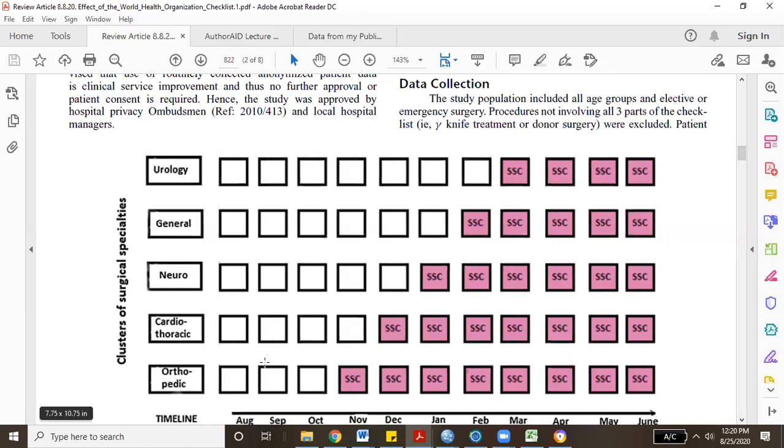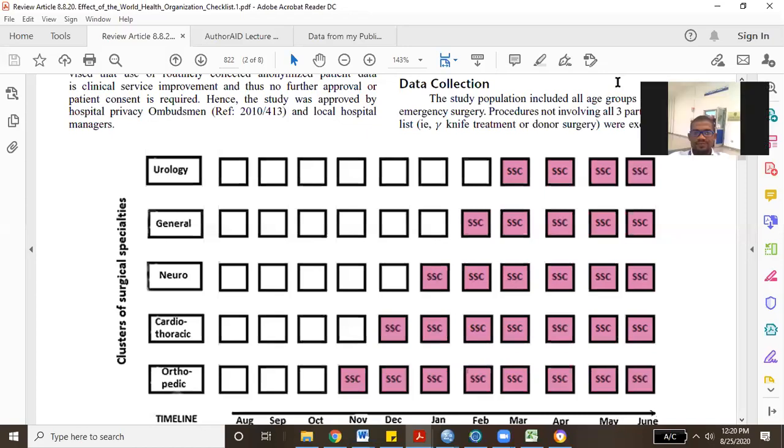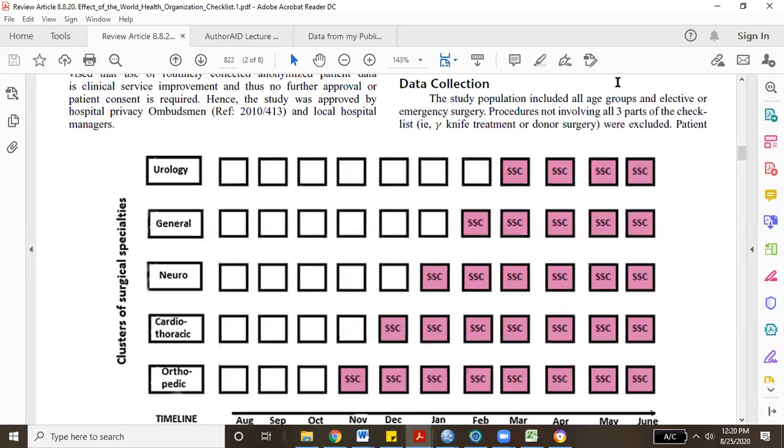So it forms this shape of a stepped wedge. This white area is the control, and this pink area that has the SSC, which is the surgical safety checklist, is the treatment group. All right, so that is the study design.